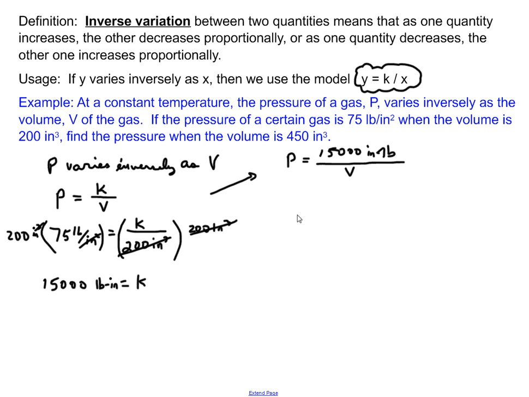Well, let's find the pressure when the volume is 450 cubic inches. So we're going to take 15,000 inch pounds and divide that by our volume of 450 cubic inches.